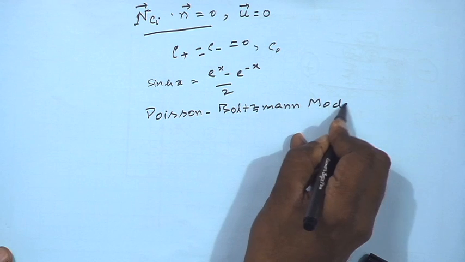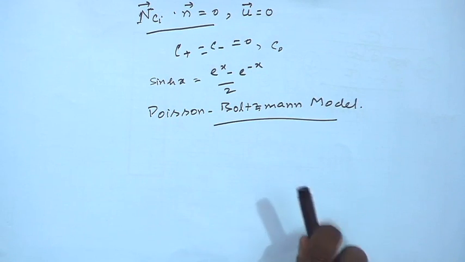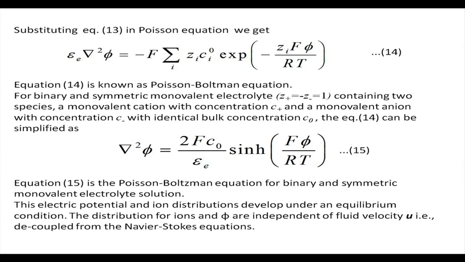So, this Poisson-Boltzmann model is based on a few simplified assumptions. First of all, we have assumed that the distribution of ions and phi are under an equilibrium condition, and no bulk fluid flow is assumed. So, obviously, here we find that this is decoupled from the Navier-Stokes equation.